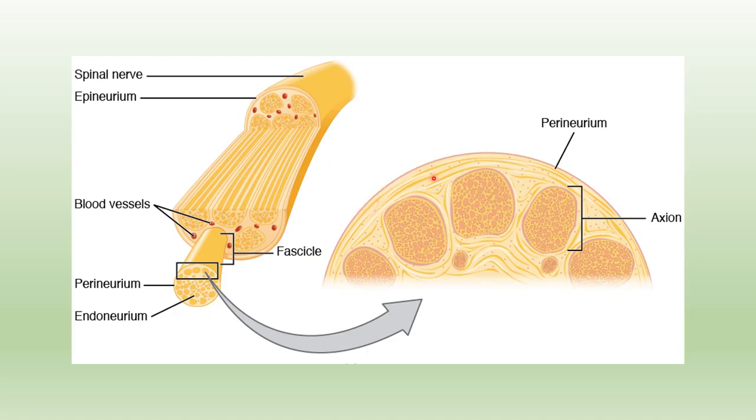And so this bundle of axons is known as a fascicle. Now you group several fascicles together, wrap them with the epineurium, and that is your nerve. In this particular example, it's saying the spinal nerve, but this would be your nerve. So the endoneurium is around an individual axon, a group is surrounded by the perineurium, and then the entire nerve is going to have the epineurium.